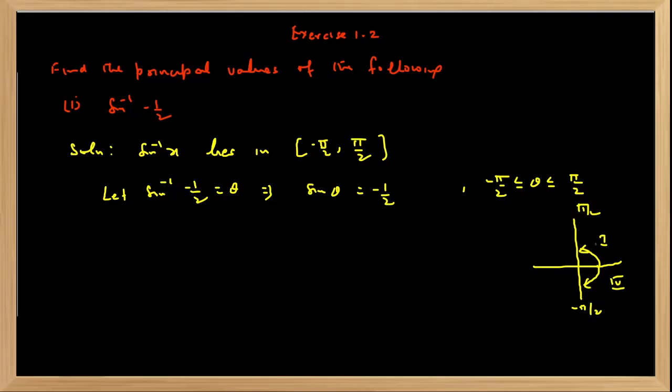It is not possible in the first quadrant, it is possible in the fourth quadrant, so we'll take negative values. Sine is half at pi by 6, so at minus pi by 6 it will be minus half. So sine inverse minus half is equal to minus pi by 6.